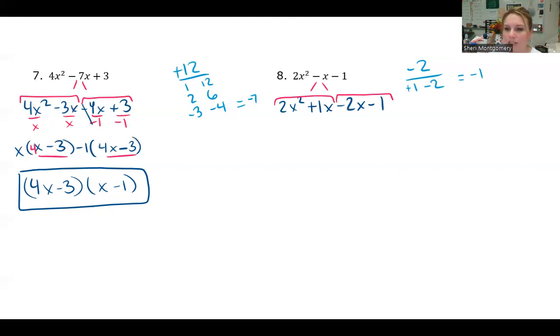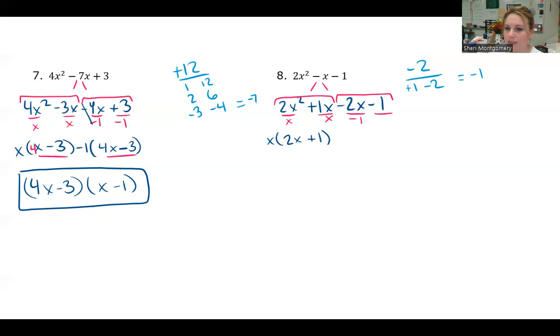We look for our GCF. From my first group, it looks like it's just an x. What's my second GCF?